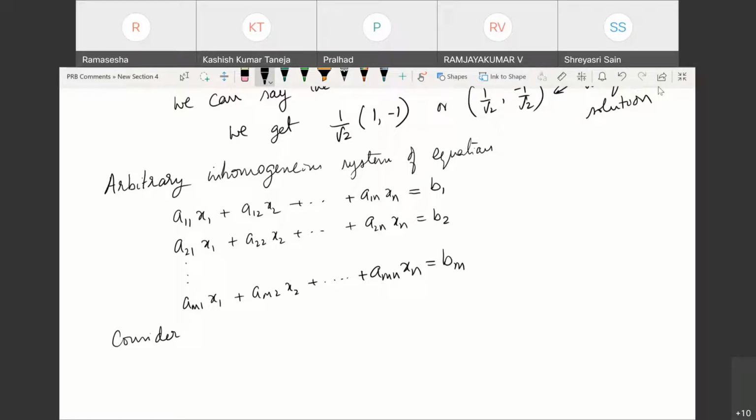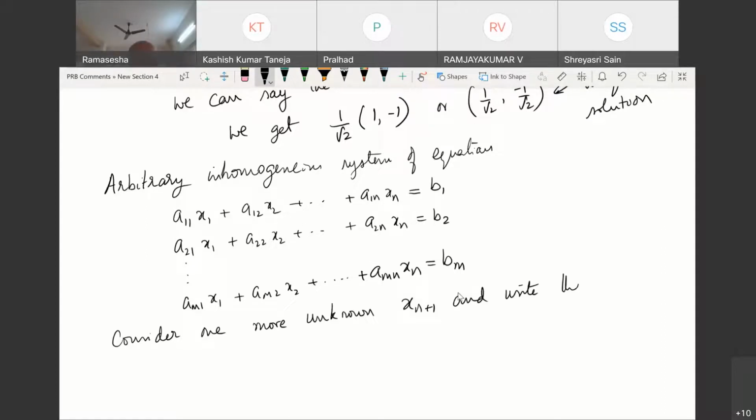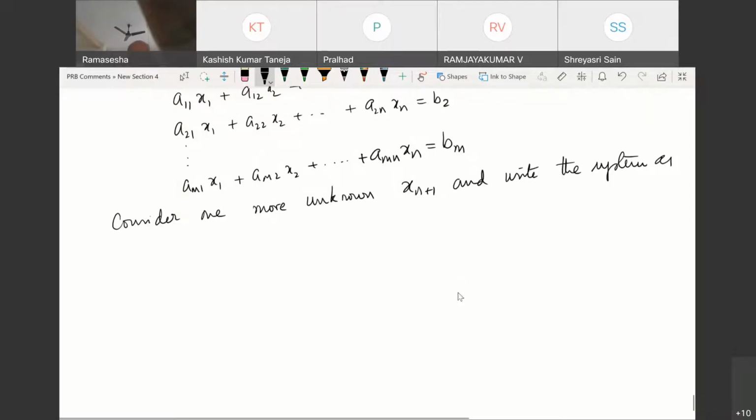And write the system as a11 x1 plus a12 x2 plus a1n xn plus b1 xn plus 1 equal to 0.